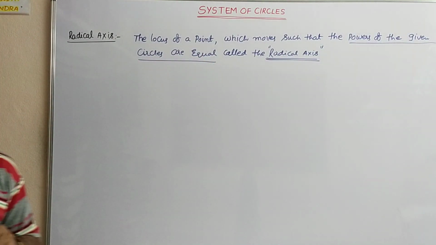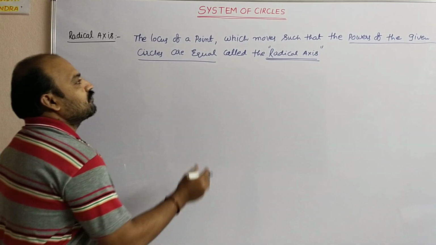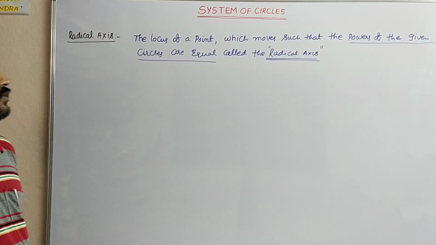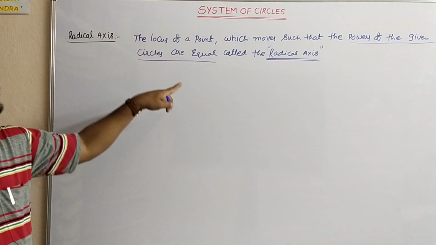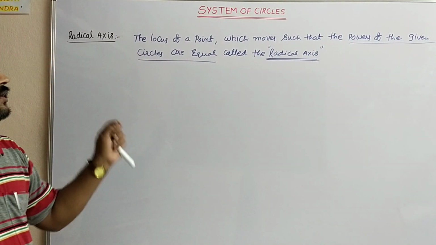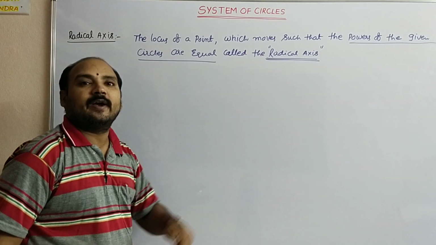The locus of a point which moves such that the powers of the given circles are equal is called the radical axis. Here I will explain diagrammatically: the locus of a point which moves such that the powers of the given circles are equal is called the radical axis.